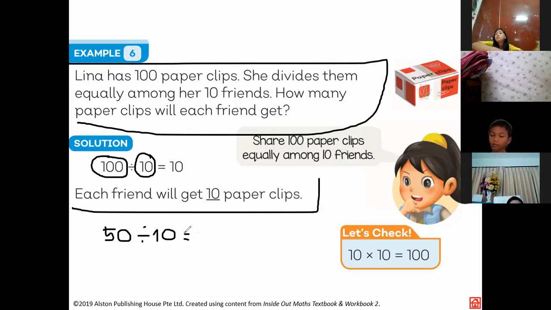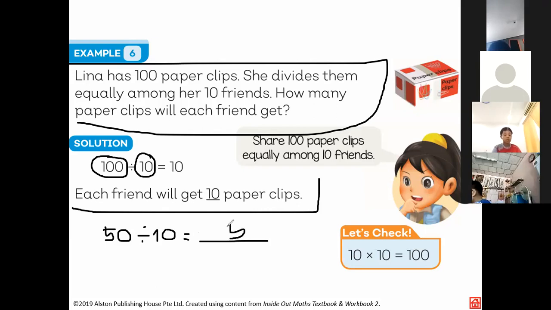How many paper clips will each friend get? What do you think? 5. 5, okay. So each friend will get 5 paper clips.